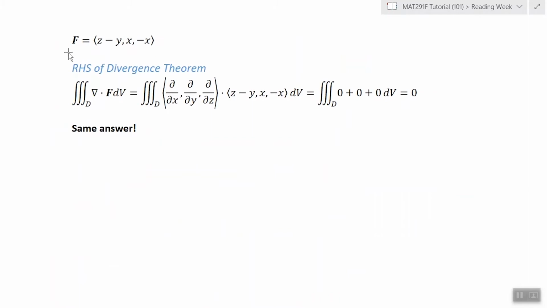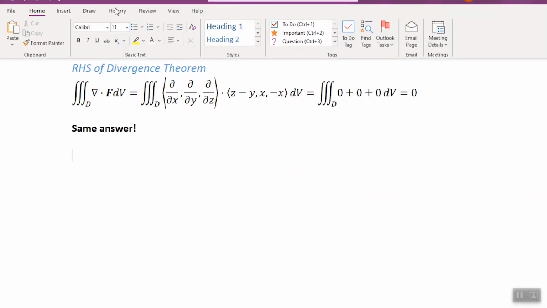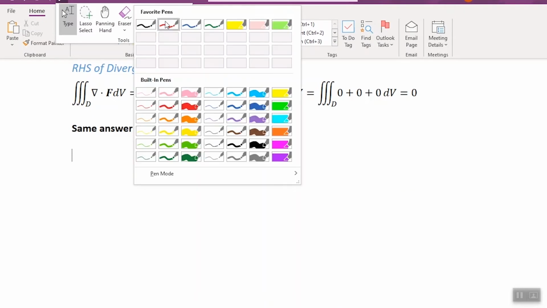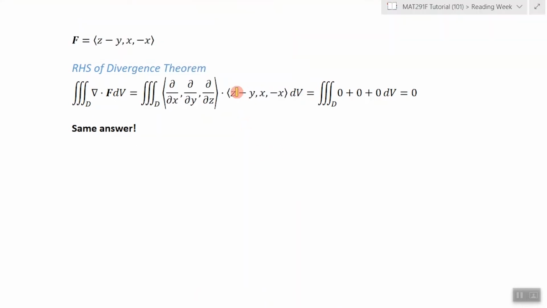Here I copied the expression for f. This is the right-hand side. Then this is the del operator dotted with the vector field f. Then I'm expanding the dot product. So this differentiated with respect to x, you see this would give you 0.